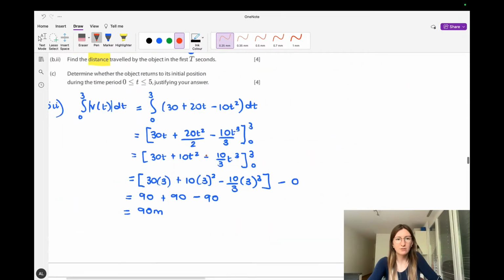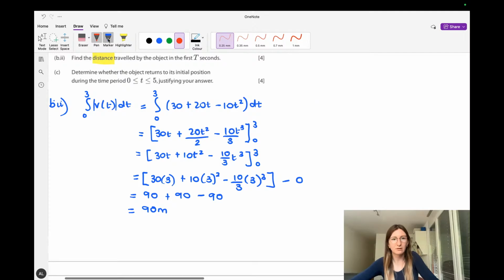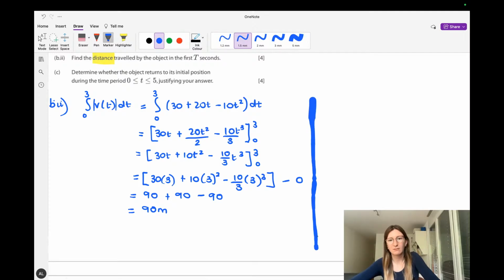Let's do it over here. So we want to know the integral from 3 to 5 of, well, it doesn't matter because whatever the answer is, we'll just take it, v of t dt.